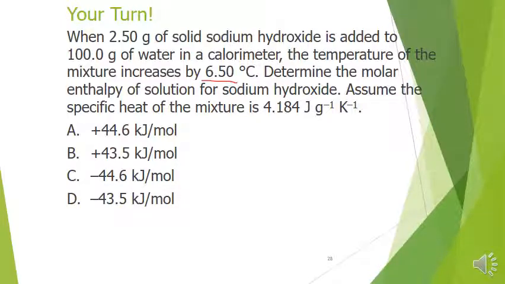What I want to find out is the molar enthalpy of solution. So what is the change in enthalpy per mole of sodium hydroxide? We're going to need this right here because this is the heat capacity. So let's see how we do that.